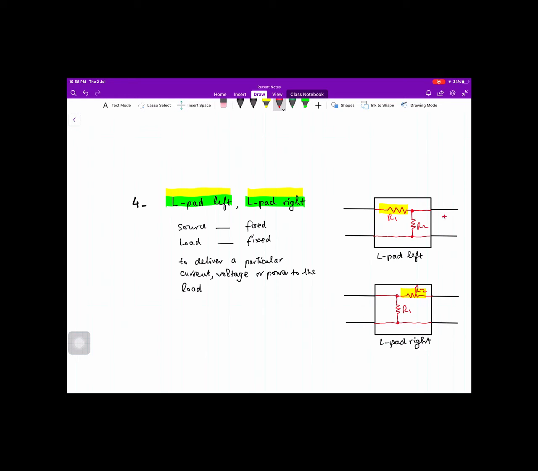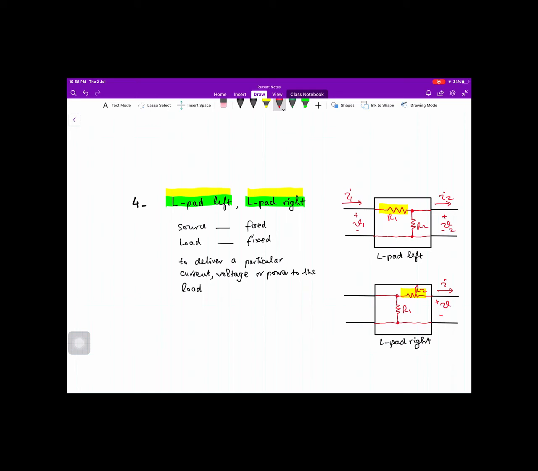Again, we would like to maintain specific voltage and current at the output side and sometimes at the input side as well. So let us call it V2 and I2 at the output side, and I1 and V1 at the input side.